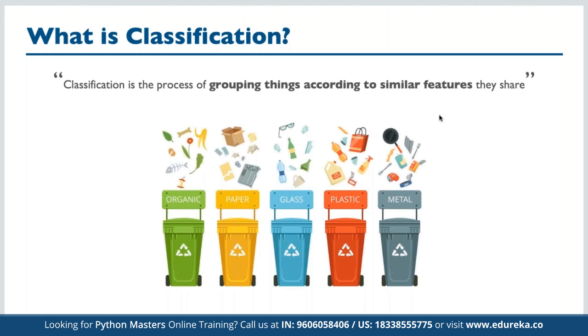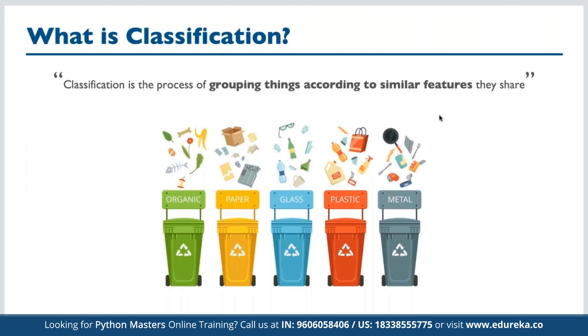To understand this, take the example in the image we are looking at. We have different trash cans, and as human beings, we have learned how to identify different objects and how to map them into different classes. So here we can say these trash cans, which are labeled as organic, paper, glass, etc., are different classes or different group names.